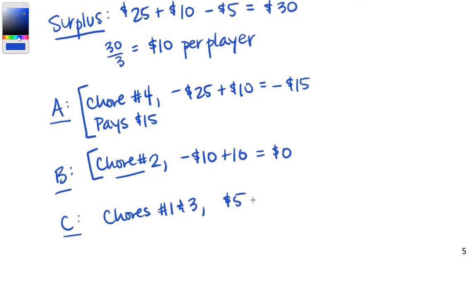She got paid $5, and then she gets paid another $10 from the surplus, which is $15. So she does those 2 chores and she gets $15. And we'll notice, just like on the last one, the amount paid, which is 15, and the amount gotten, which is 15, zero out exactly. That is it for today.